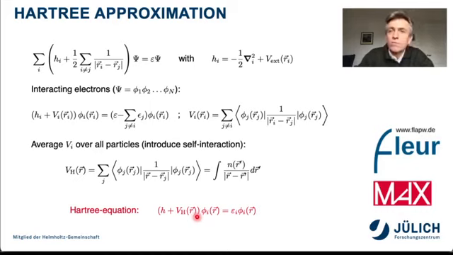So that means one thing that has to be included in the exchange correlation potential is the self-interaction here, which subtracts the interaction of the particle with its own density.